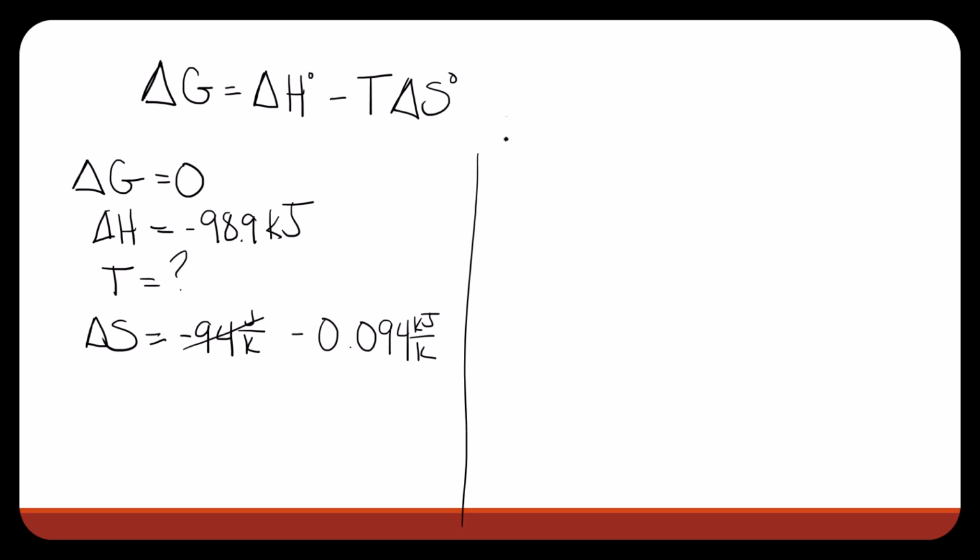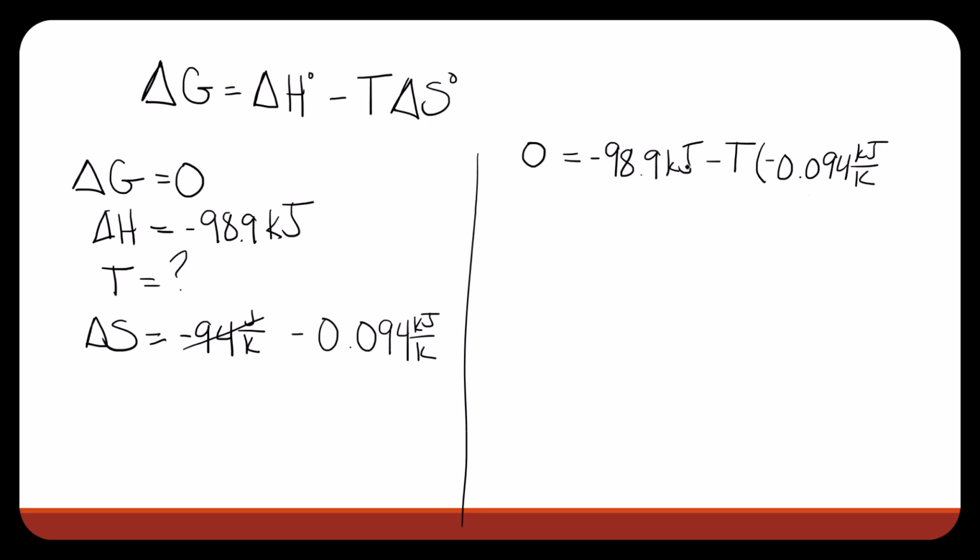Now we're going to plug these values into our equation and chug through it. So delta G equals 0. Enthalpy is negative 98.9 kilojoules minus temperature times negative 0.094.